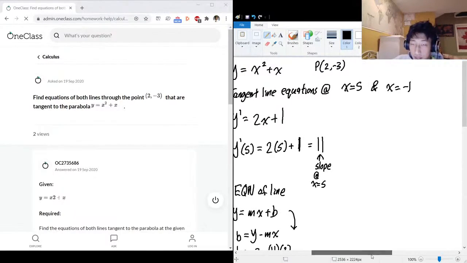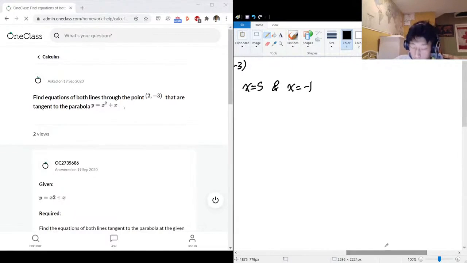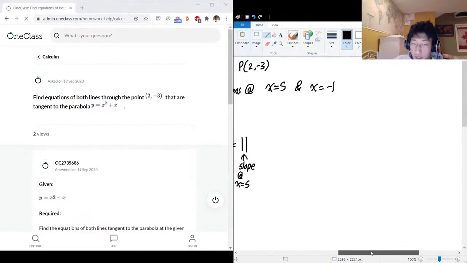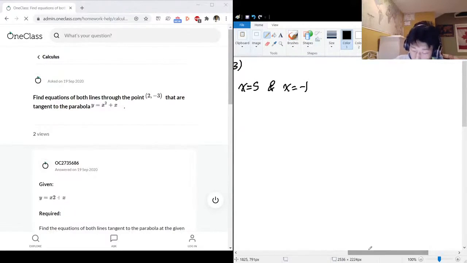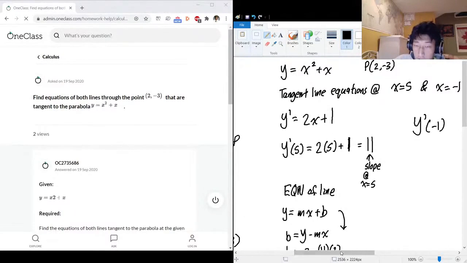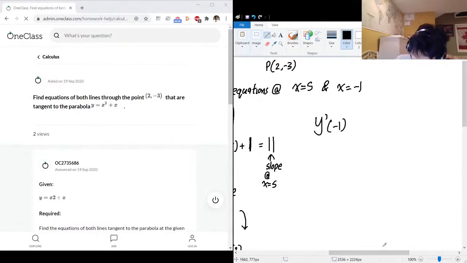Now let's handle the case when x is equal to negative 1. We're largely going to follow the same method that we did for x equals 5. So we're first going to do y prime with a negative 1 for x. Our y prime equation is 2x plus 1, with x equal to negative 1, plus 1.